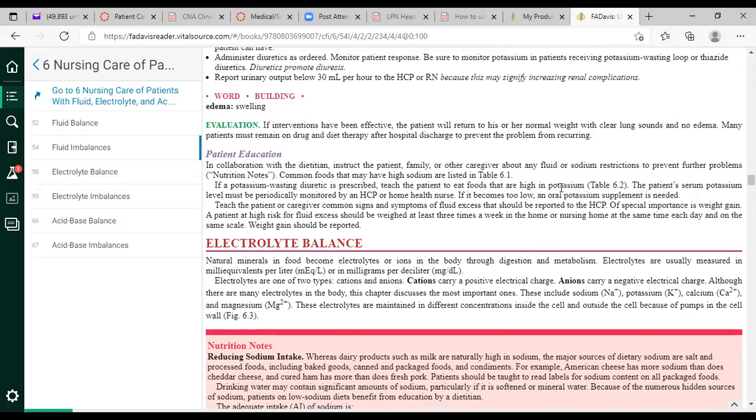As a nurse, I know I need to monitor that patient's potassium level, but we also need to encourage that patient to eat potassium-rich foods. And if the patient's dietary intake is not benefiting the patient's potassium level, the physician may order potassium pills or potassium supplements.